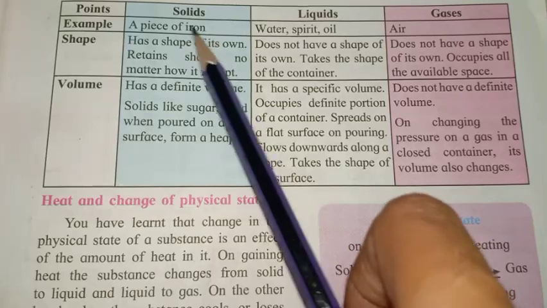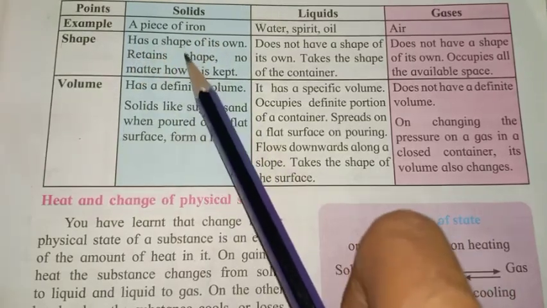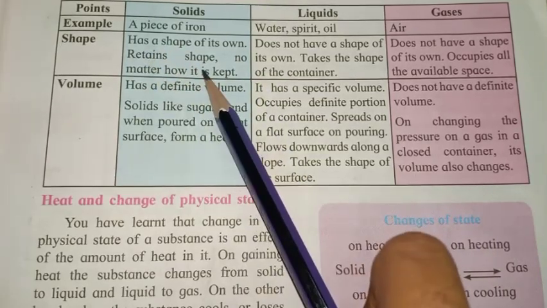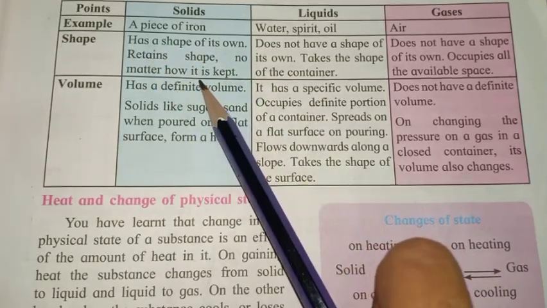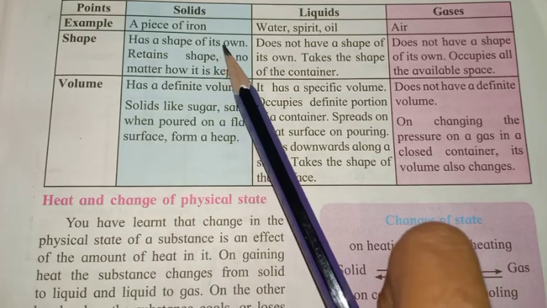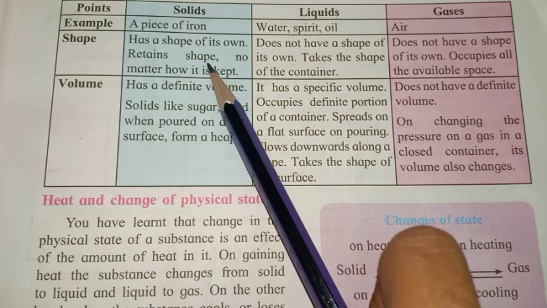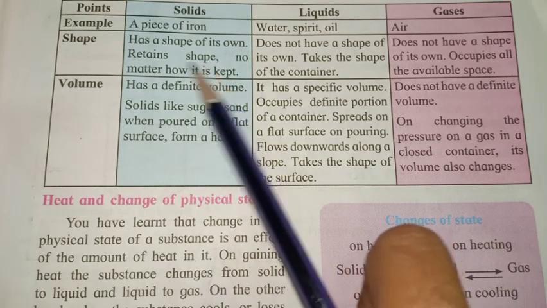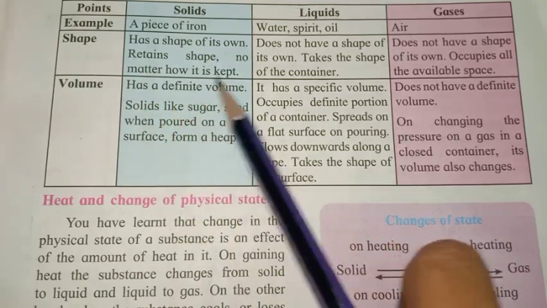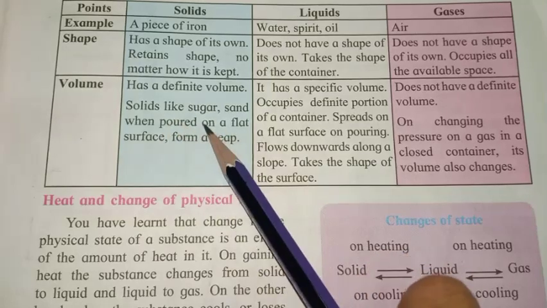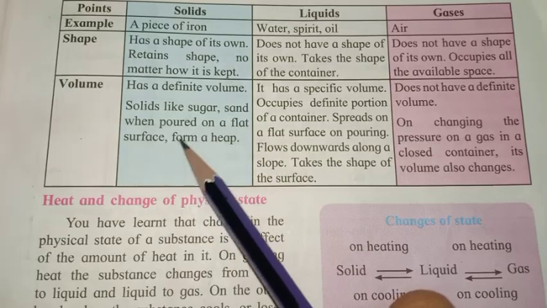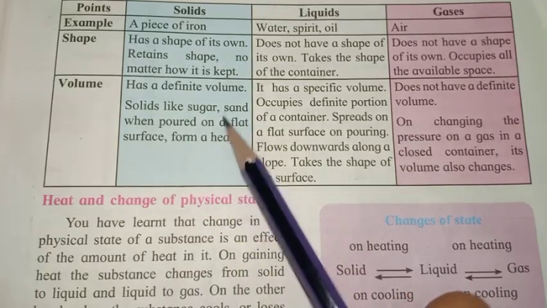A piece of iron has a shape of its own. It retains its shape no matter how it is kept. If we keep that piece of iron anywhere, it will not change its shape. Then next point is volume. It has a definite volume. Solids like sugar, sand, when poured on a flat surface, form a heap.